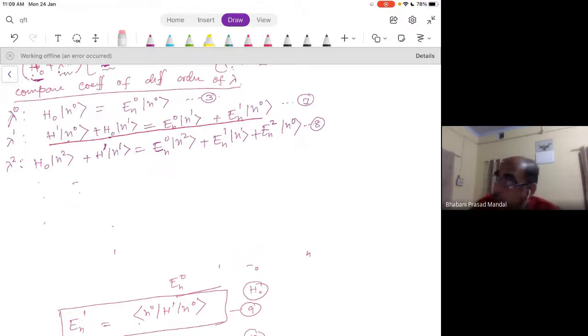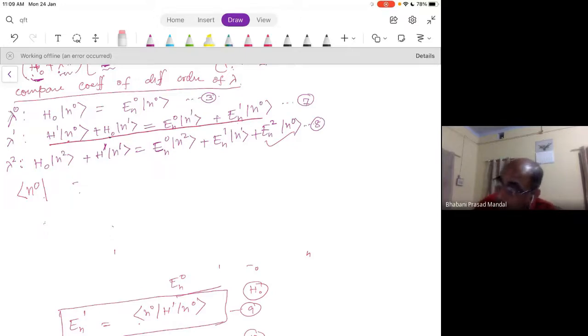Now I need to calculate this quantity. So I take an inner product with the bra n0. I am writing the labels, I should write them in the upper position. So n0, and multiply this equation.